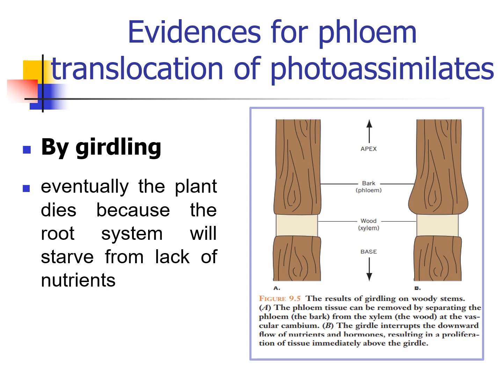The girdle interrupts the downward flow of food. Eventually, the plant dies because the root system will starve from lack of nutrients.